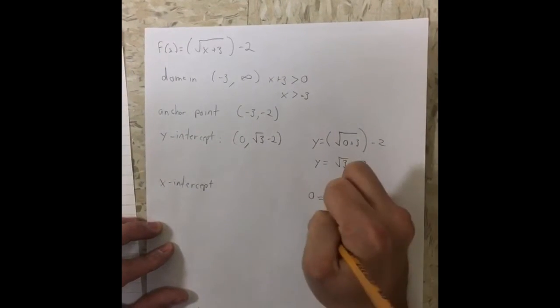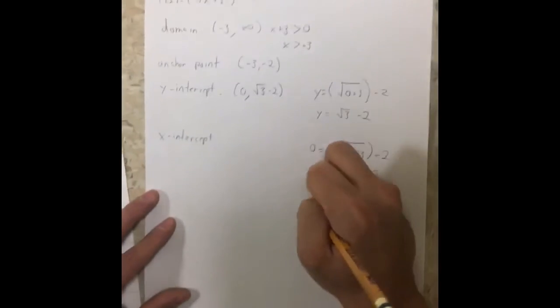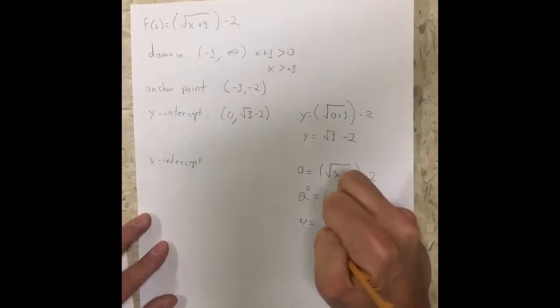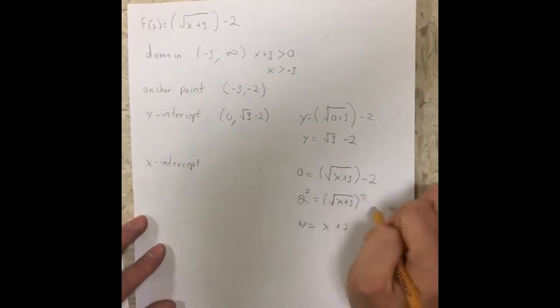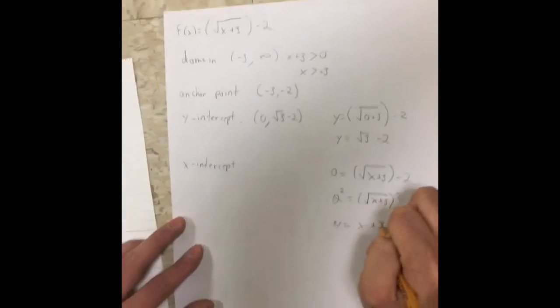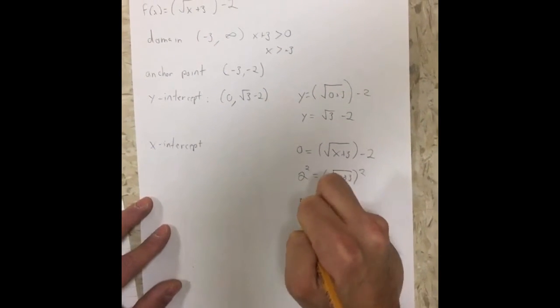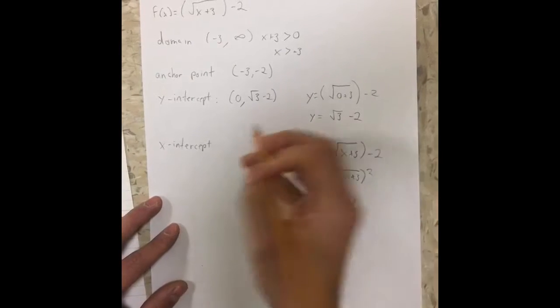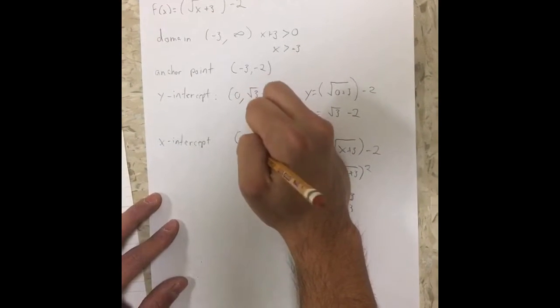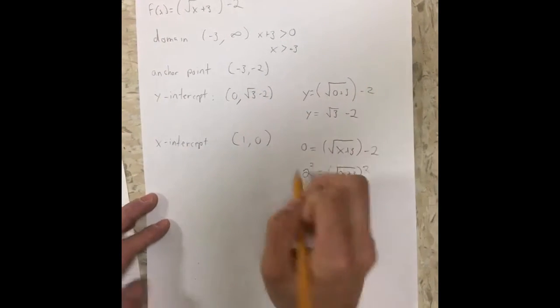And we're going to square both sides. That gives me 4 equals x plus 3. And bring 3 over. That'll give me 1 equals x. So my x-intercept is going to be 1, comma, 0.